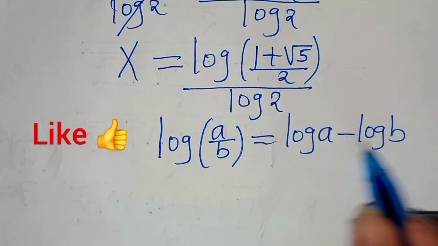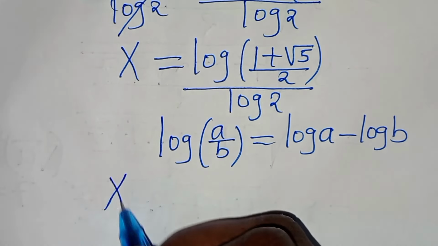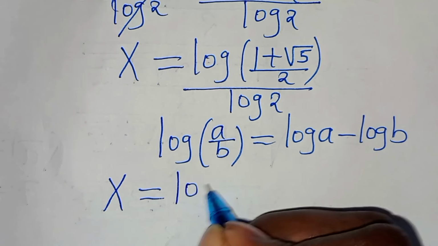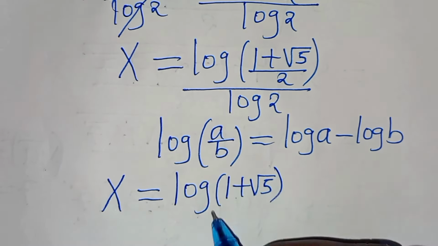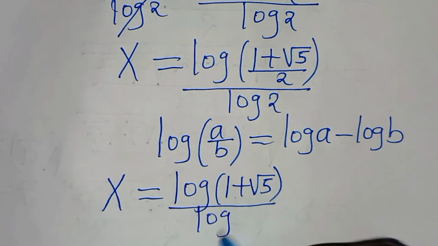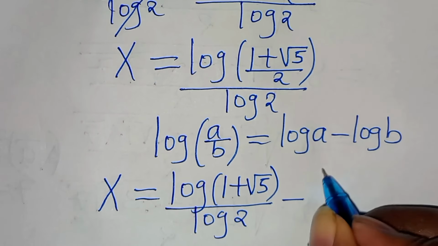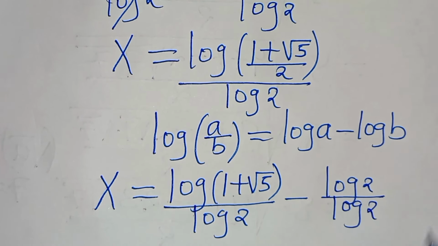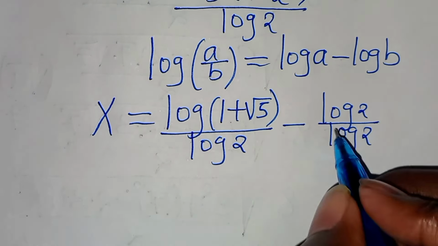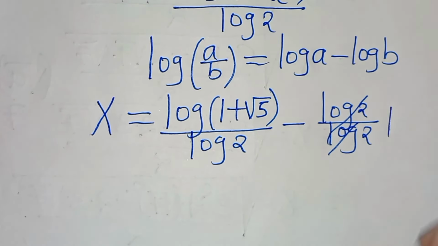Applying this logarithm property, then we have x is equal to log of (1 plus square root of 5), everything divided by log 2, then subtract log 2 divided by log 2. So log 2 and log 2 simplify, so this is 1.